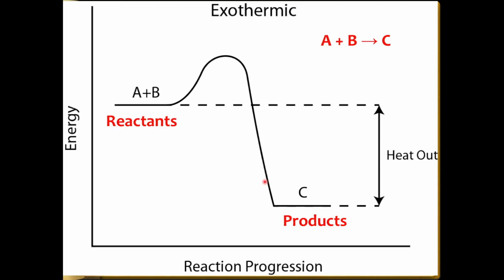Now, we'll get to endothermic in a second, but I'll give you a couple guesses where that one's going to go. So exothermic reactions also show a profile here. So if you start with the reactants, you have energy on the y-axis, and you have the reaction progression or time on the x-axis.